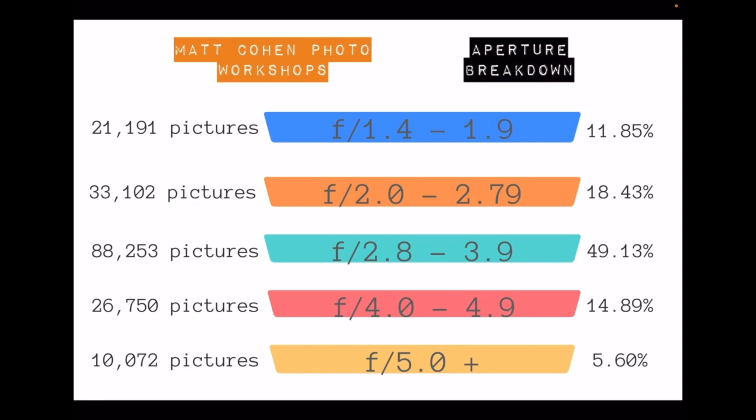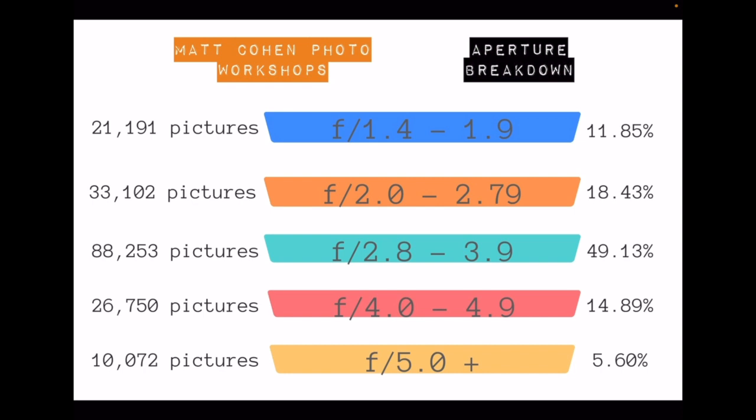That's pretty wide. And then from 2 to 2.8, another 18.5%. So when you add those two together, that's 30% that's wider than 2.8. That's showing you that I'm definitely shooting wide open or pretty close to wide open a lot of the time.